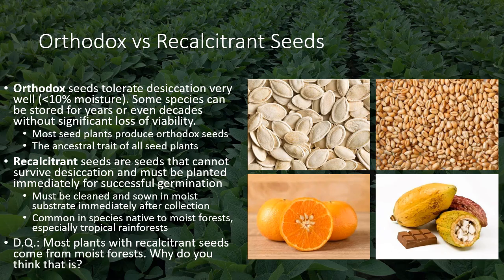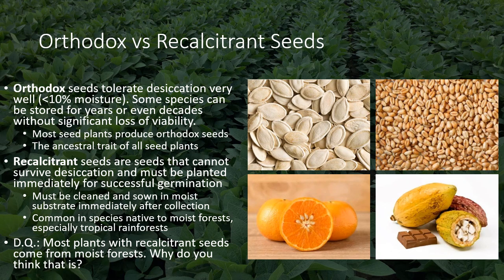Some species, however, have lost the ability to tolerate desiccation. They can't survive it anymore, and if they're going to be germinated successfully, they have to be planted immediately. Good examples would include most of the acorns of oaks, citrus seeds, and cacao. Avocados are another good example of a recalcitrant seed. They cannot survive desiccation. They have to be planted immediately.